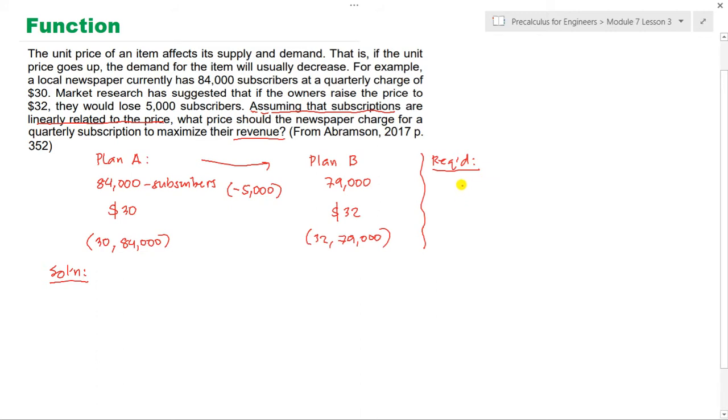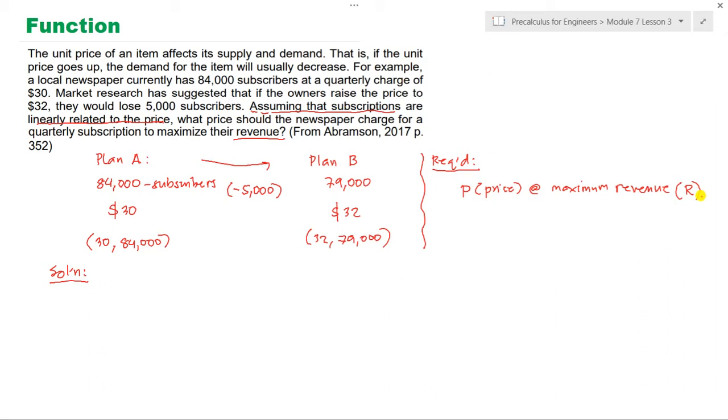So we're going to determine the price, which we denote as P. This is the price. Then of course, in these problems there is a goal. So the goal is the price at maximum revenue. Okay, we can also denote revenue as R.